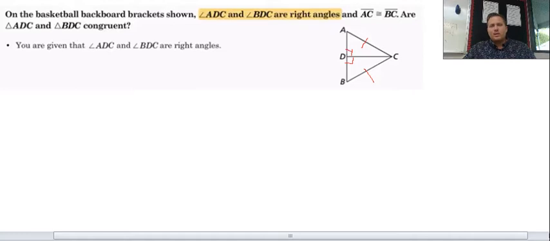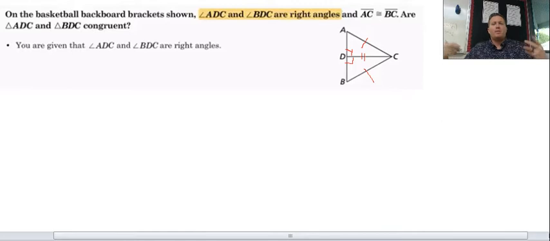Okay, and then I'm looking, in order for these two right triangles to be congruent, they have to be right triangles, so they both have 90 degrees, check. And the hypotenuse has to be congruent, we just said check. And they have to have at least one leg. Well, we see right here that they both share CD.